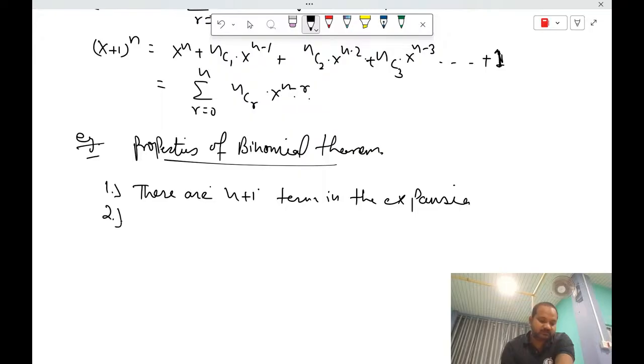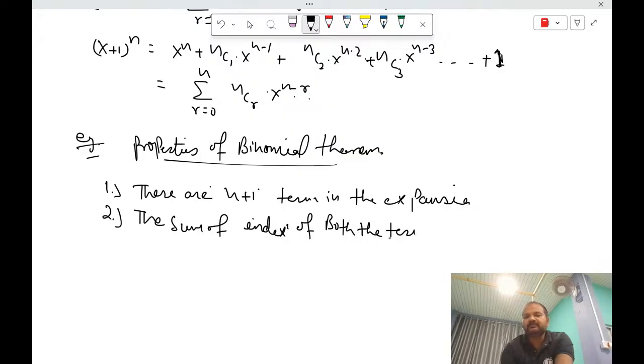The second property: the sum of the indices, or powers, of both terms is equal to n.